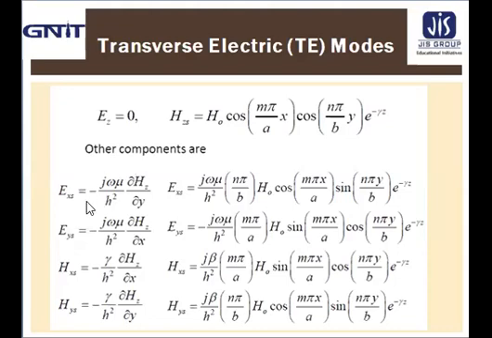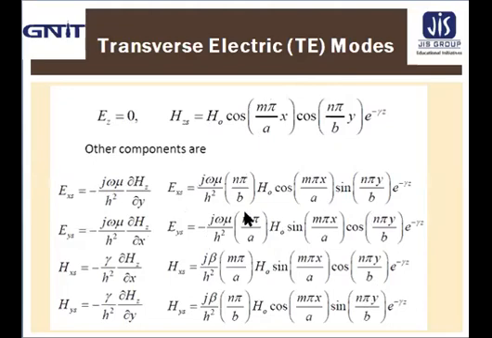Ex is equal to minus j omega mu by h square into del Hz by del y. And from that, if we substitute Hzs and Ez, then we can write that Ex is equal to this, Ey is equal to this, Hx is equal to this, and Hy is equal to this.